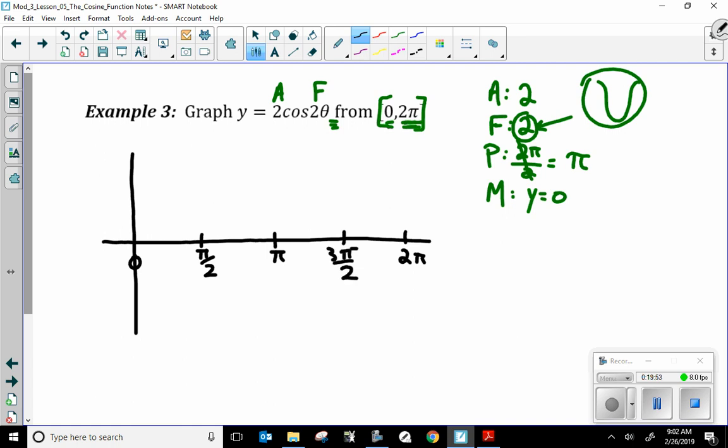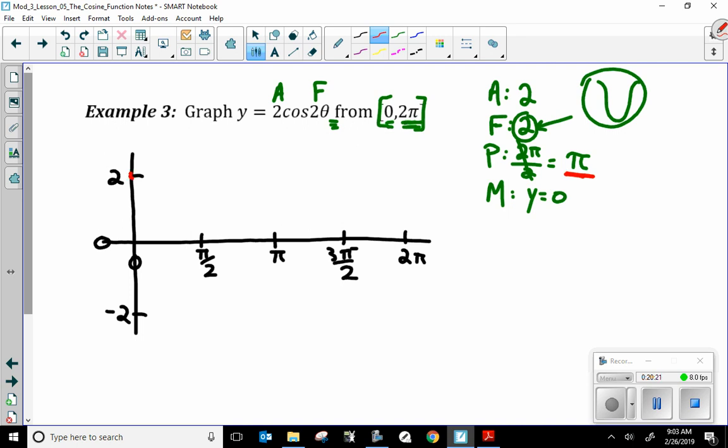Now my midline is still at 0, and my amplitude is 2, which means I go up 2 from the midline and down 2 from the midline. Let's graph one cycle first. It should end at pi.